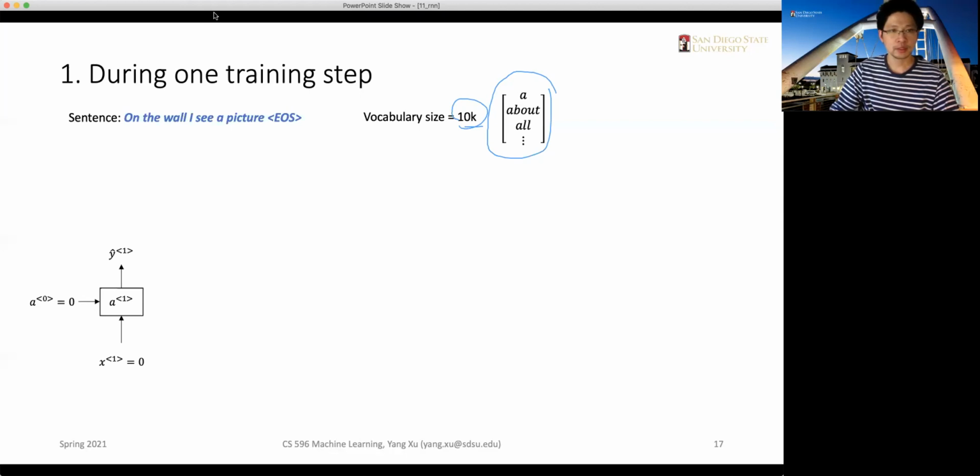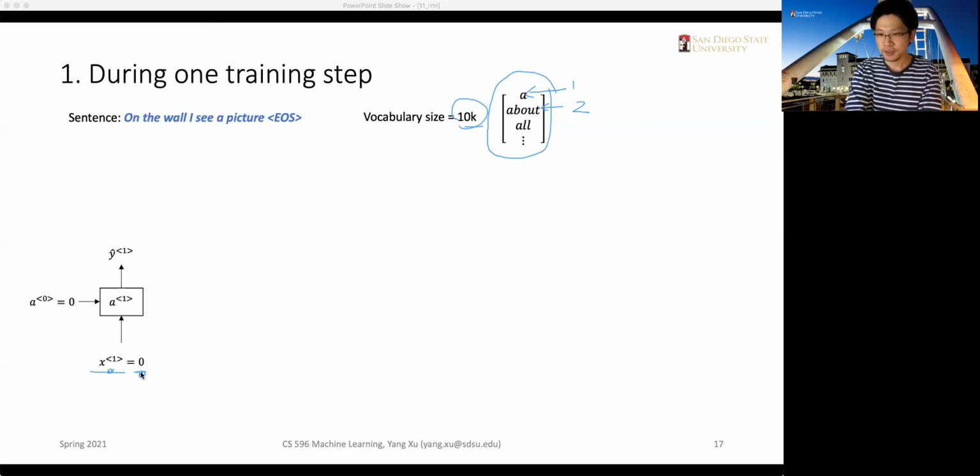Okay, so let's look at the first time step of the training stage, and at the inputs here. The input for x1 will be 0, and 0 is also a special token, because in our convention the first word has index 1, the second word has index 2, and so on. So index 0 means the start of a sentence.